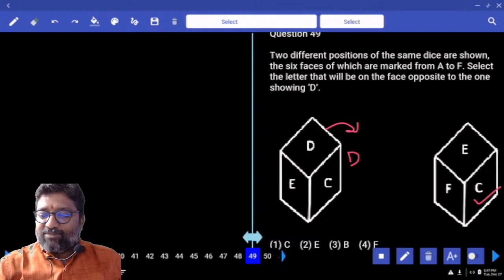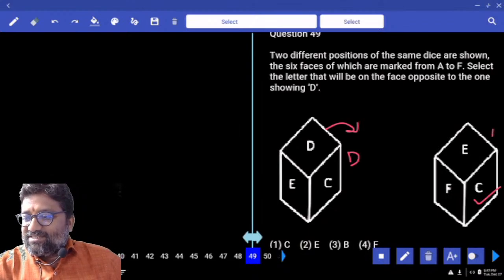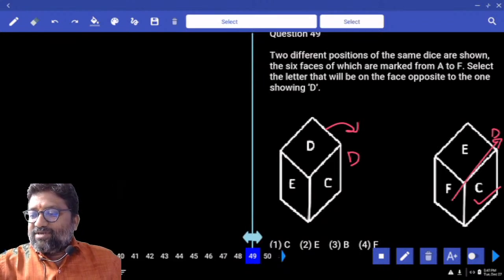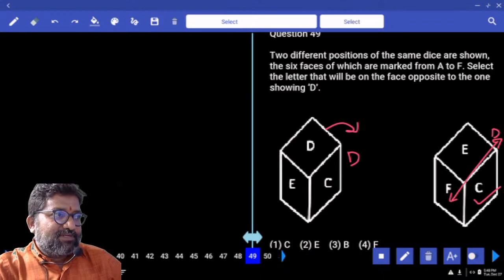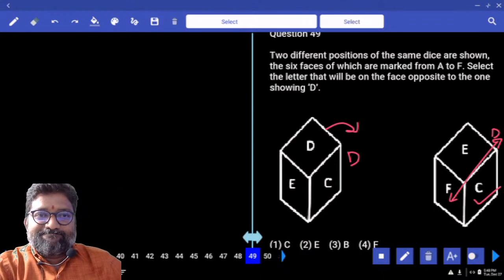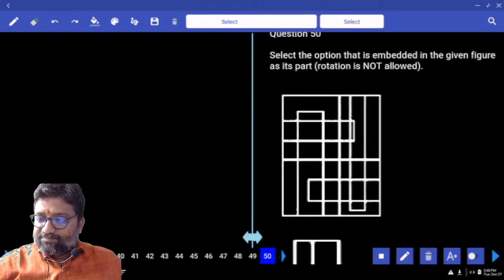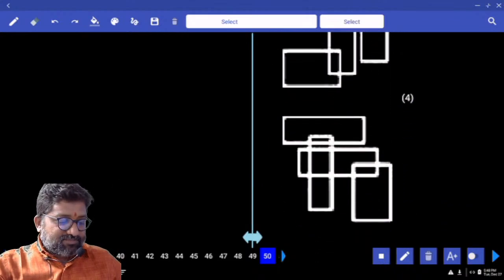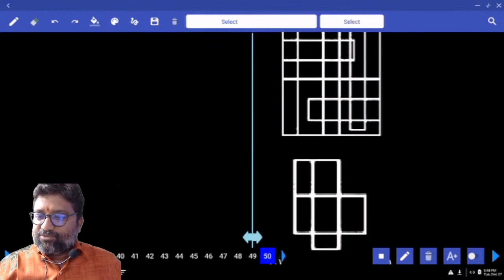E goes to the top, C remains in its own position. Where is D? Adjacent to E. What is here? F. What is opposite to D? Simple, common sense. With one flip the answer came. On flipping to the right side, the answer came. 50. First option? Yes, first option.